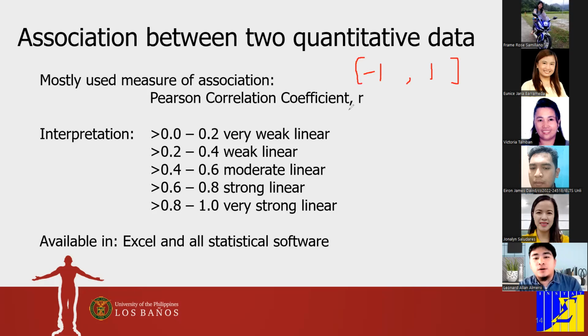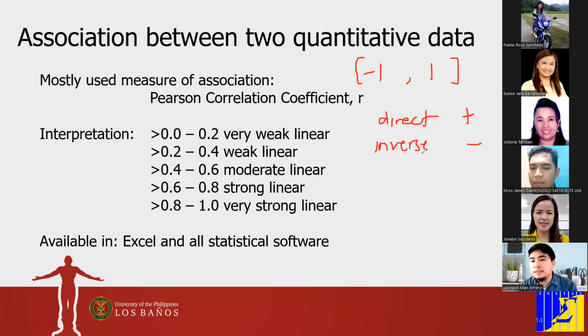Okay po? So yung correlation coefficient, and yung negative sign po niyan declares the direction of your linear association. Okay? If it is direct po kapag positive, tapos inverse if negative.